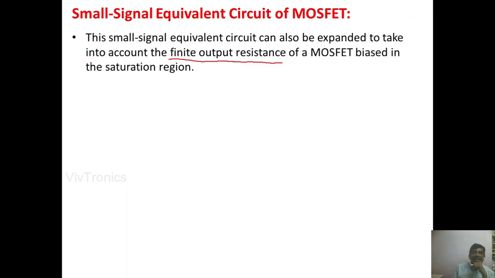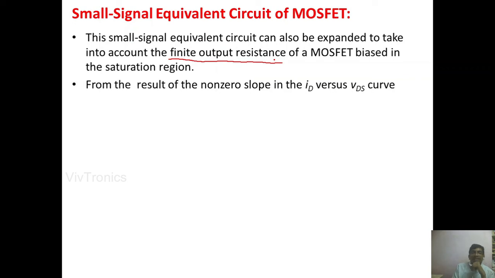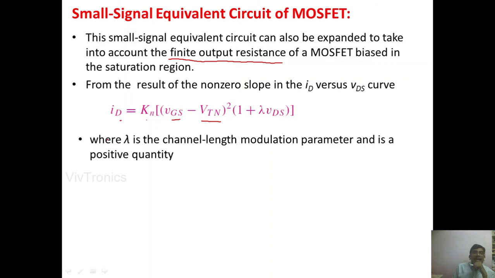But when the MOSFET has finite output resistance, the result is a non-zero slope in the ID versus VDS output characteristics curve. That non-zero slope can be given as ID equals Kn into (VGS minus VTN) whole squared into (1 plus lambda VDS), where lambda is the channel length modulation parameter and it is a positive quantity.